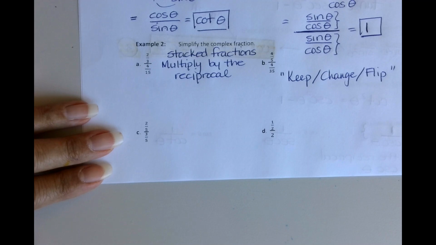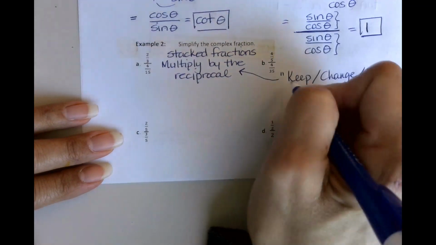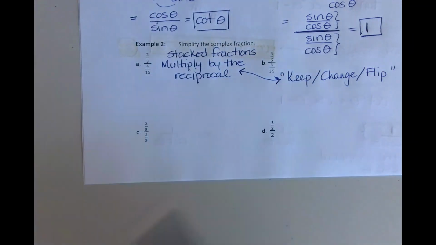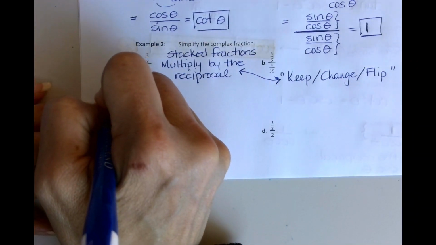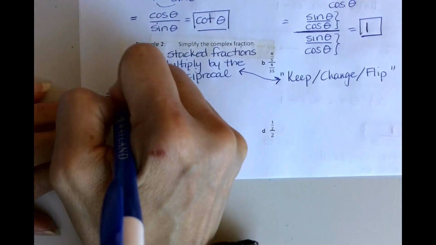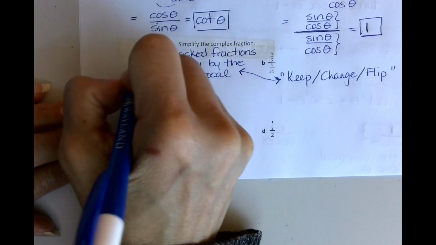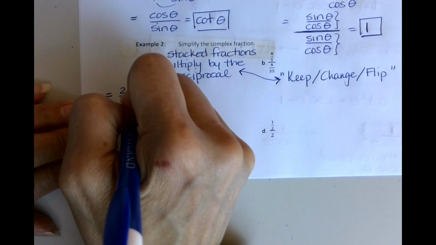So I write that there to kind of help you remember what I would prefer you saying, multiply by the reciprocal. But if this helps you remember, use it. So what do I mean by that? Well, you're going to take this fraction, the 2 over 3, okay, and you are going to change this bar, that's your division bar, into a multiplication.